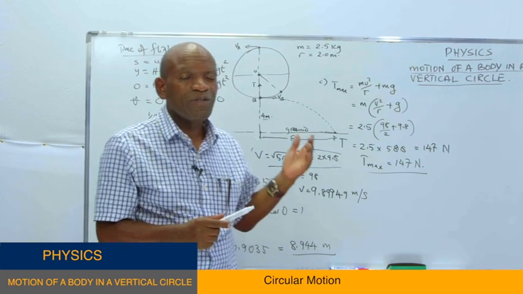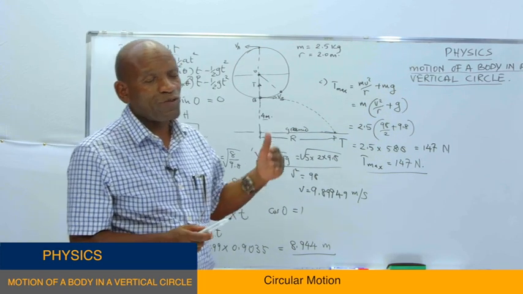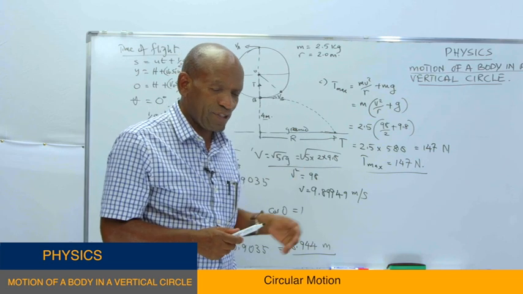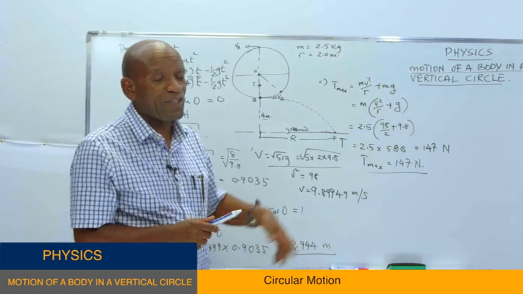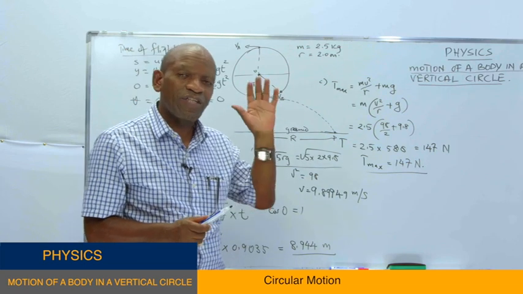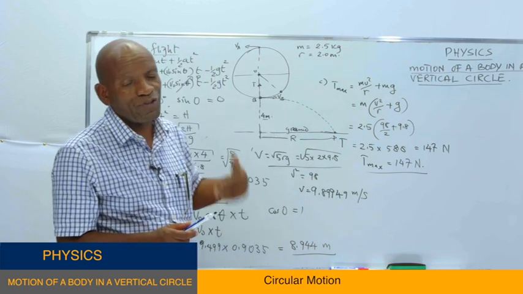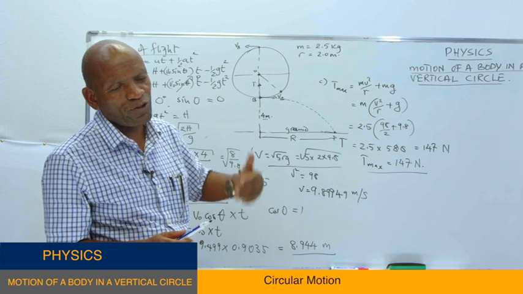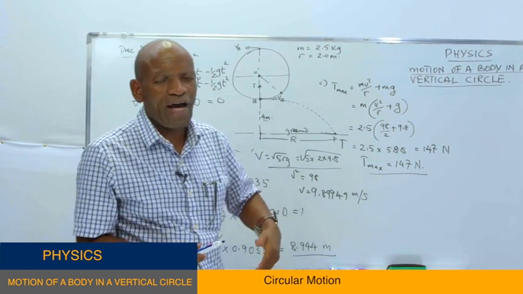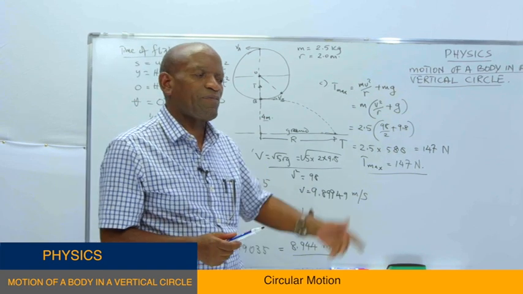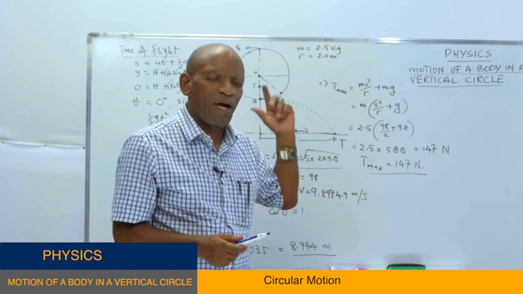But remember, these problems with regard to motion in a vertical circle are not difficult. Remember that this vertical motion is not a uniform motion. It keeps on changing because of the gravitational force, which supports the motion whenever the body moves downwards and opposes the motion whenever the body is moving on its way upward.